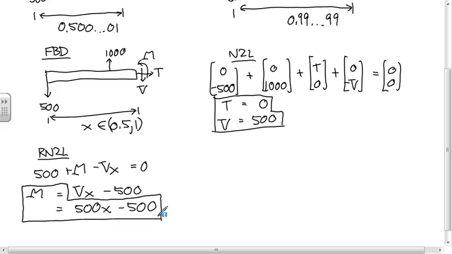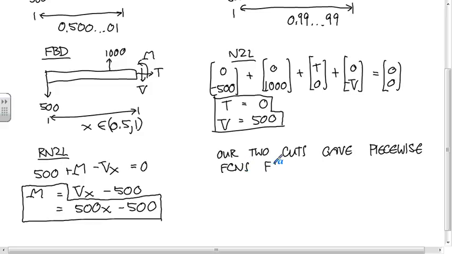All right, so now we have these piecewise functions that represent the tension as a function of x, the shear force as a function of x, and the bending moment as a function of x.